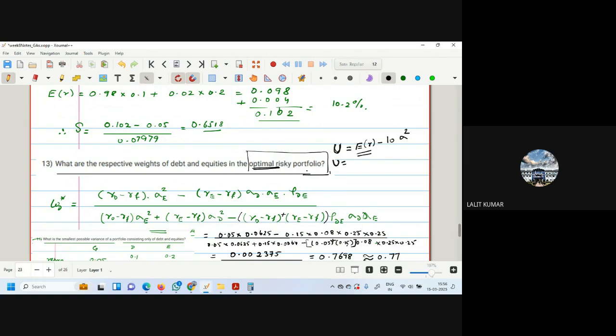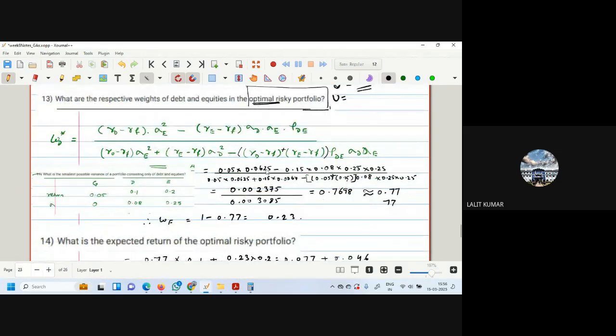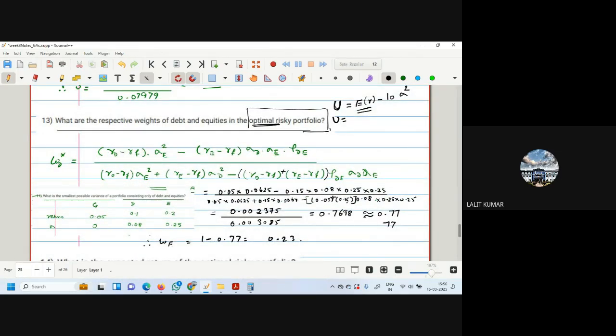Now you know the ER, we have calculated sigma and ER, or you can apply the ER formula there. There is a formula: W2 star is equal to (RD minus RF) into sigma of E square minus (RE minus RF) into sigma D sigma E and your correlation coefficient, divided by the summation of (RD minus RF) into sigma E square plus (RE minus RF) into sigma D square, minus (RD minus RF plus RE minus RF) into sigma D sigma E rho.